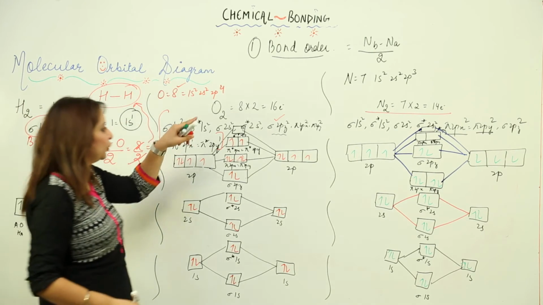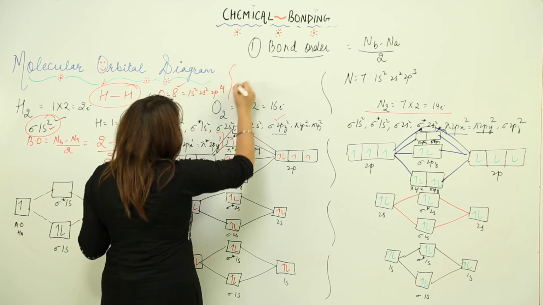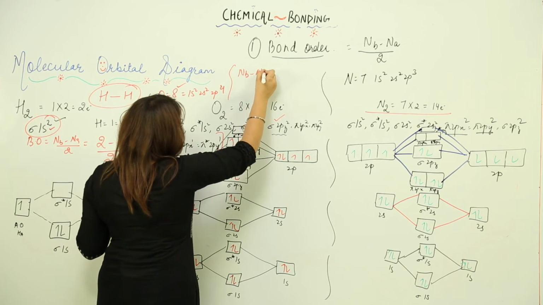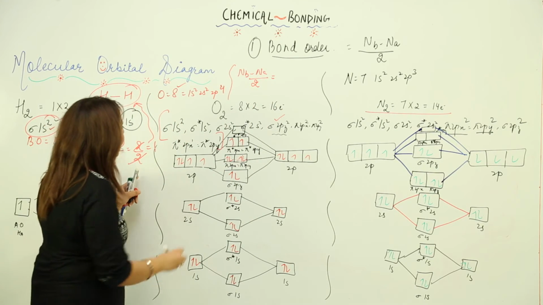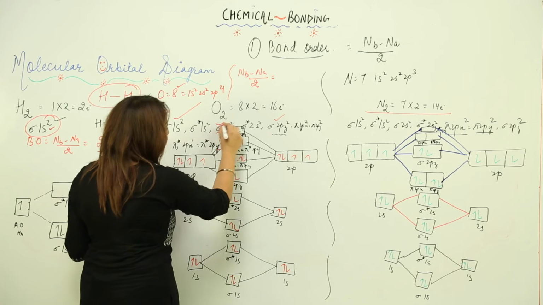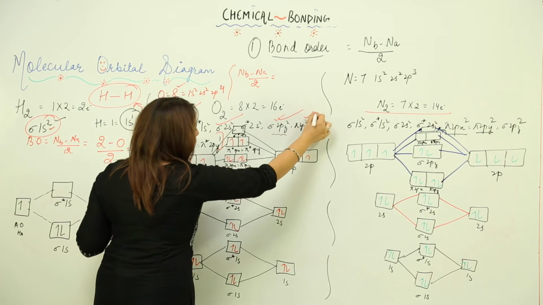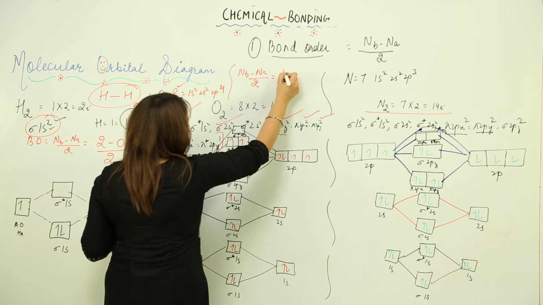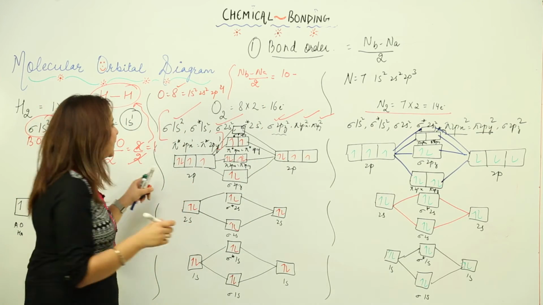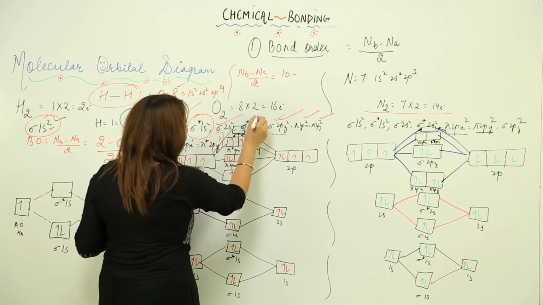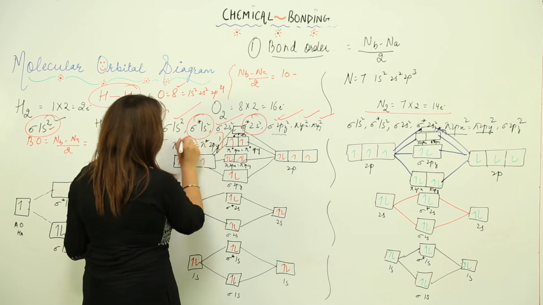Let's calculate for O2. Again, you need to apply the same formula: bonding minus anti-bonding divided by 2. So let's count the bonding ones: 2, 4, 6, 8, 10. So these are my bonding ones. Now calculate the anti-bonding, that is with the asterisk sign: 2, 4, 5 and 6.